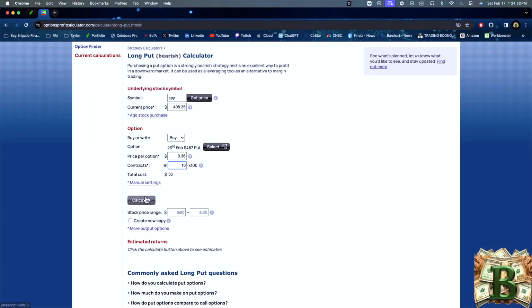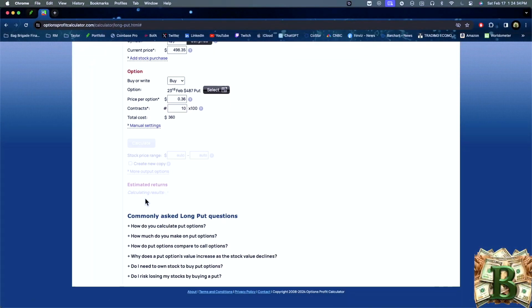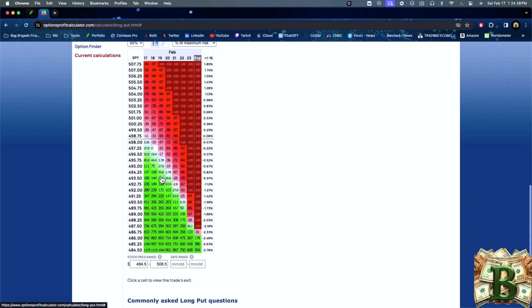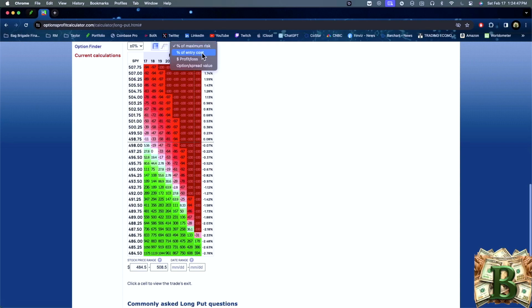And we're going to calculate it. So I'll give you a good range, basically from about 508 to 484. This is where we're at right now. You can change this up to give you an idea of how much money you can make, depending on how many contracts you have.